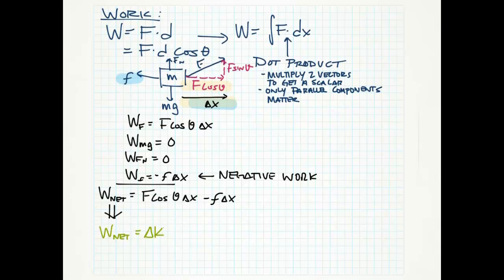We're grown-ups now, so we're just going to use delta K. So what we have for that is 1/2 mv final squared minus 1/2 mv initial squared. And that defines kinetic energy for us as 1/2 mv squared.